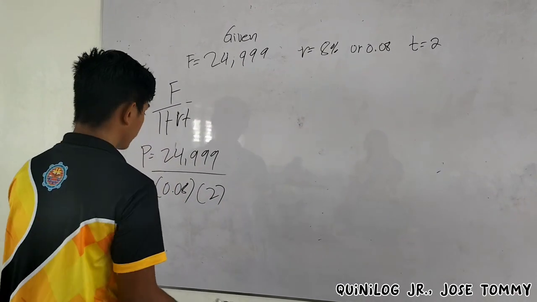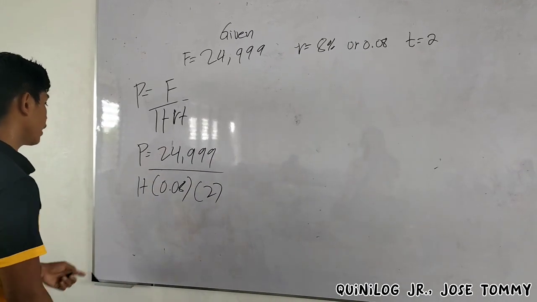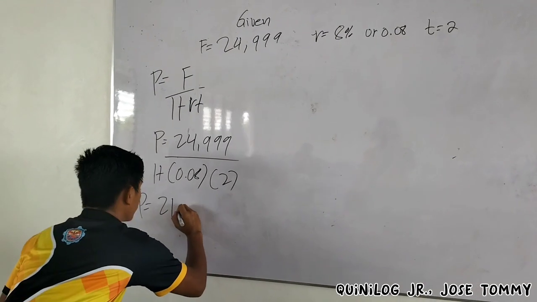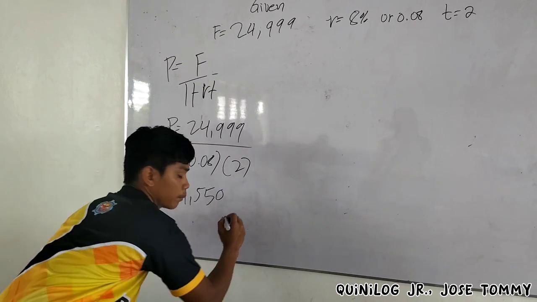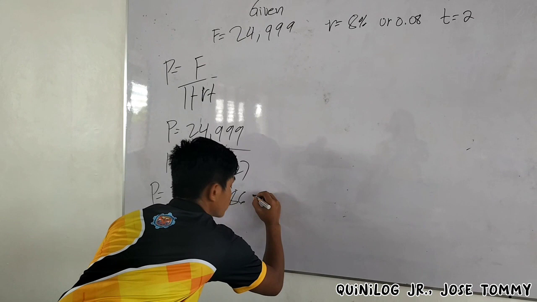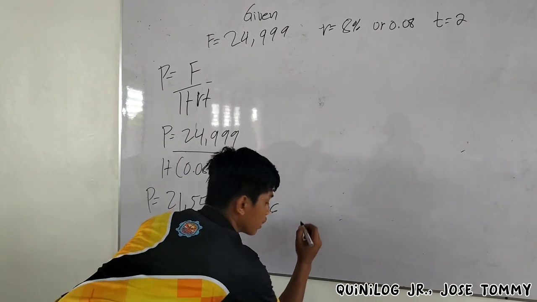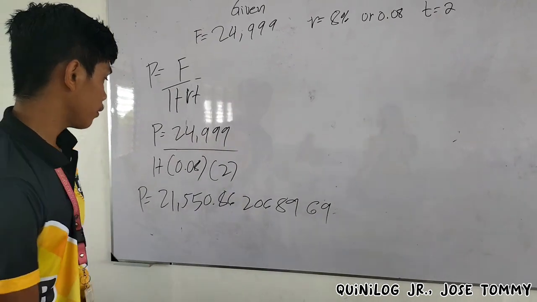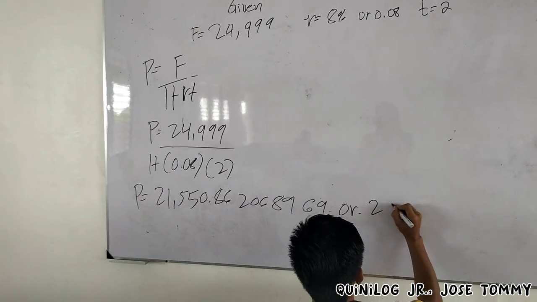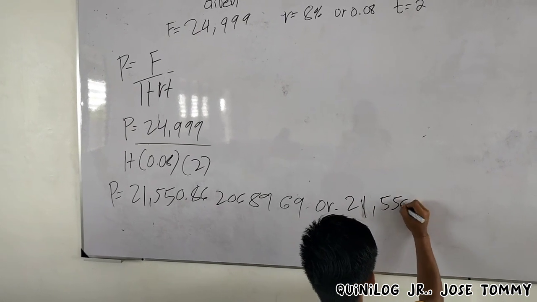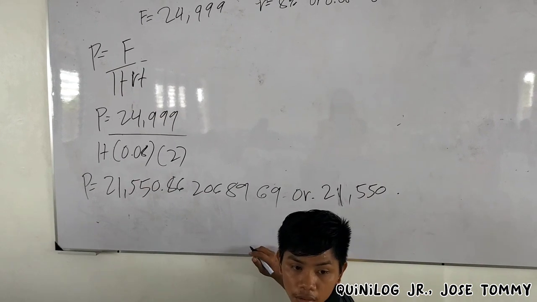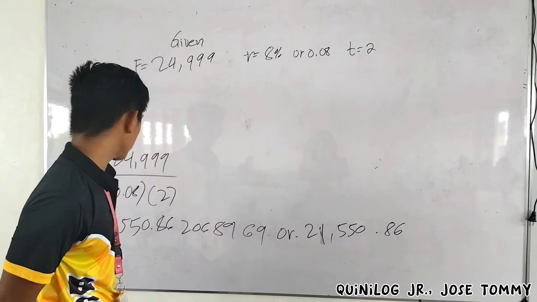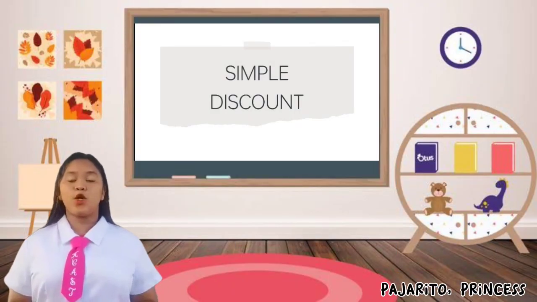So, 24,999 divided by 1 plus 0.08 times 2 equals 21,550.86. So the principal amount is 21,550.86. So the next topic is all about simple discount.